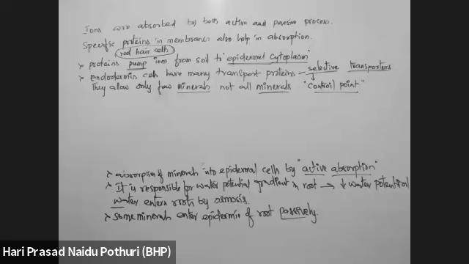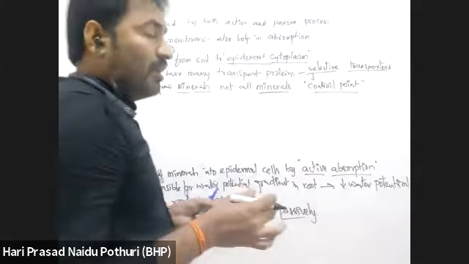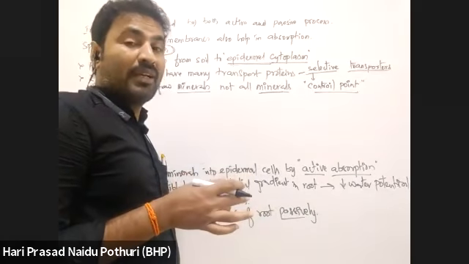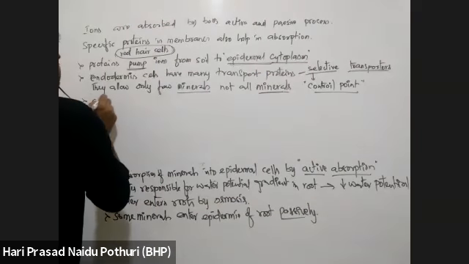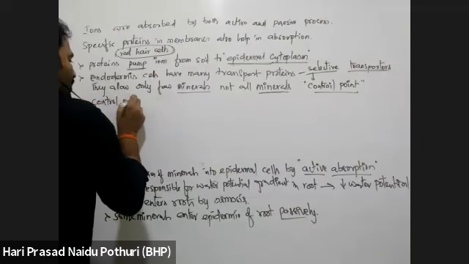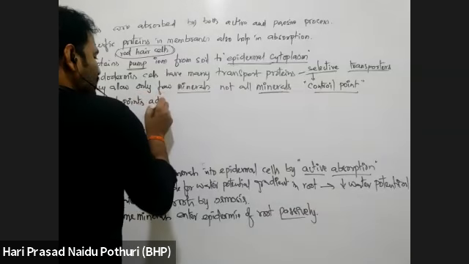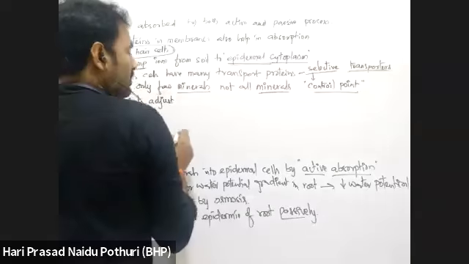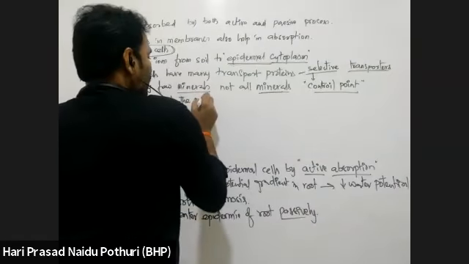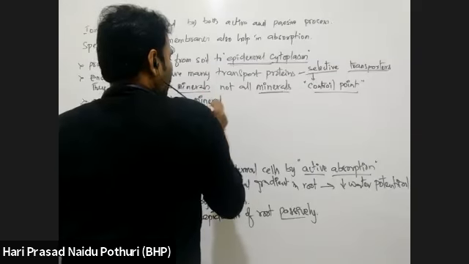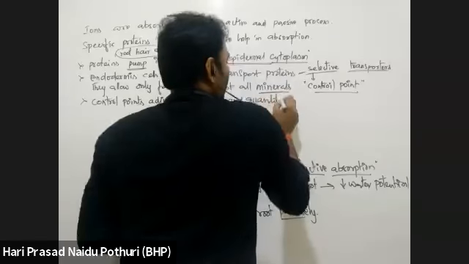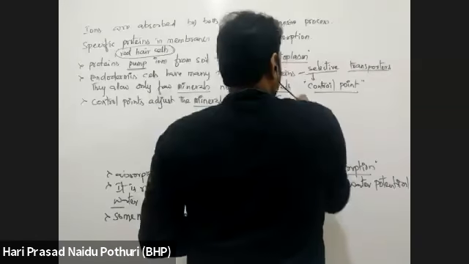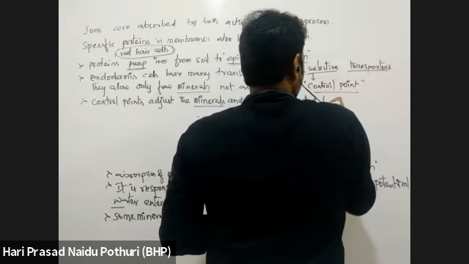What does a control point mean? The quantity and types of minerals are adjusted by the endodermal cells. These control points adjust the minerals and quantity which are needed for the plant.